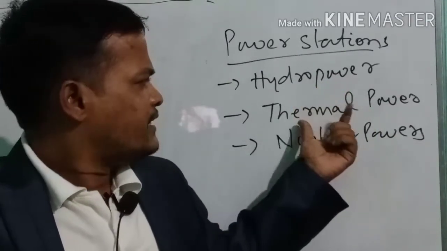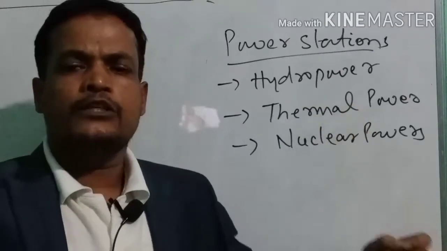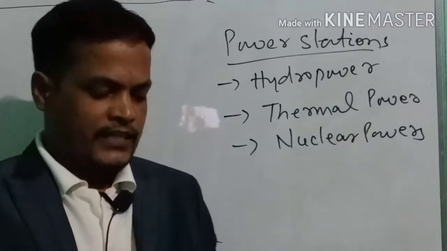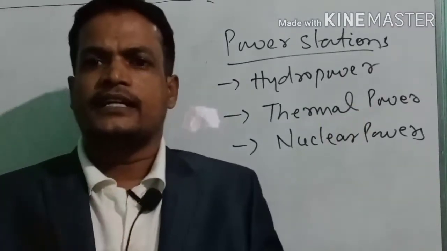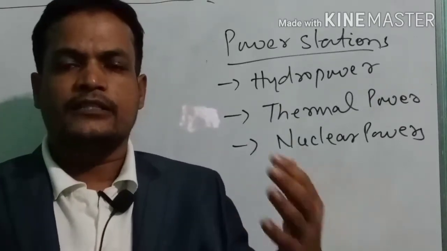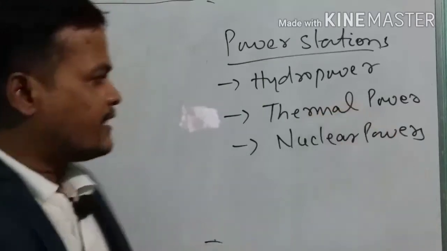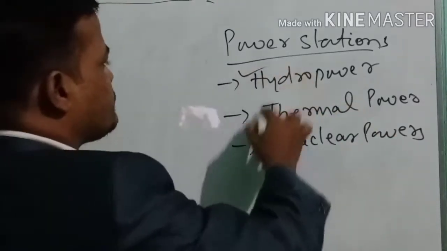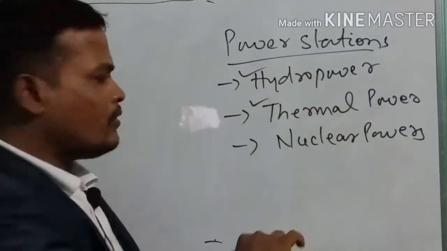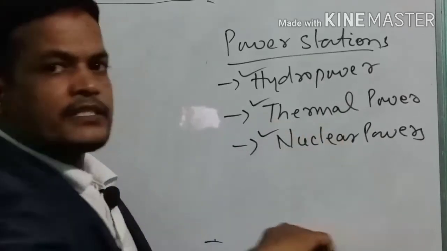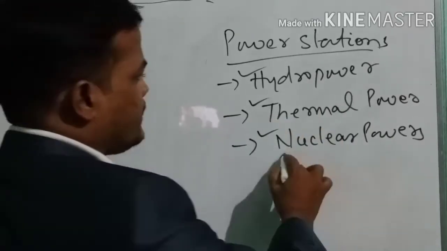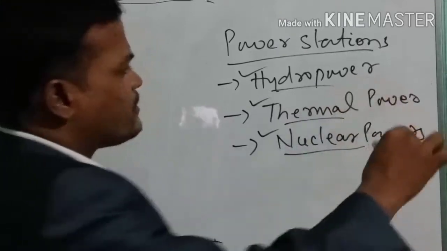Is it right? Then the thermal power station. Thermal means in this process coal is burnt, and burning of coal produces steam. By the process we can generate electricity, and that is another form. So this is from water, this is from burning of coal, and this is from the nucleus or atoms. So atomic, these are the sources of electric current.